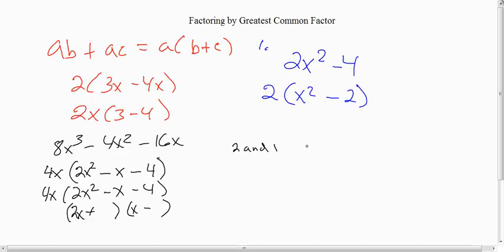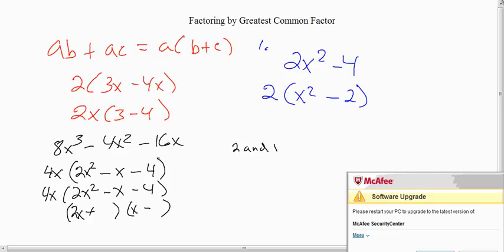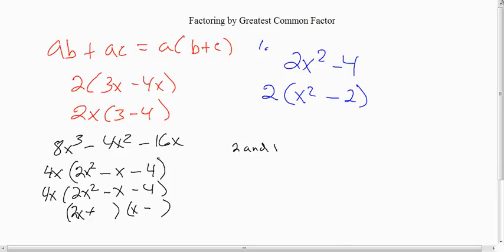So let's think about this. 1 and 4. Let's go ahead and try it. We have 1 and 4, and we want to look at our outer plus our inner.